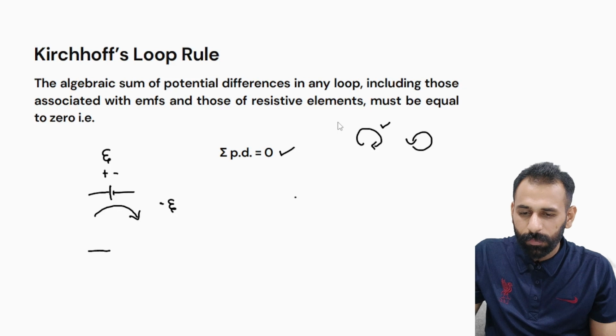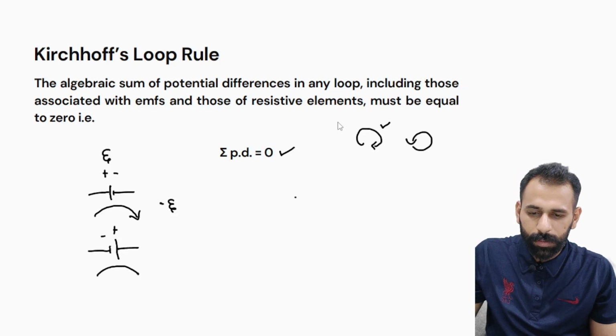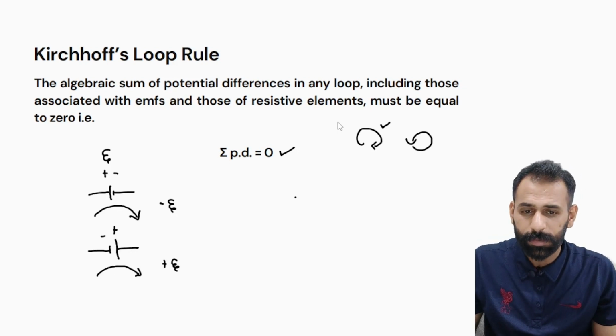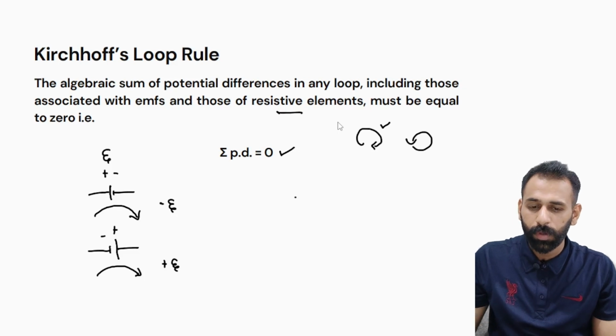Opposite to this, if it is given like this, with a negative terminal here and a positive terminal here, and our loop is again clockwise, then it will be taken as plus E in the circuit.